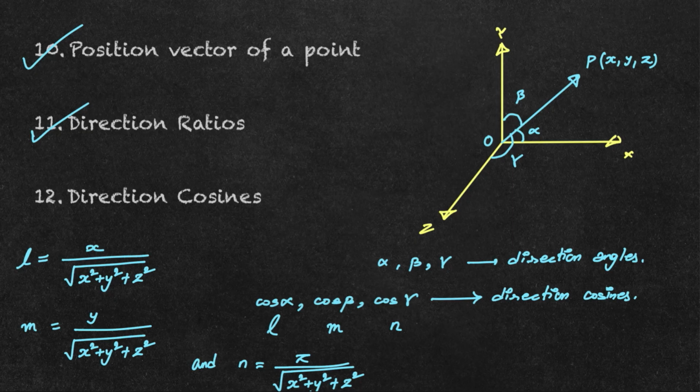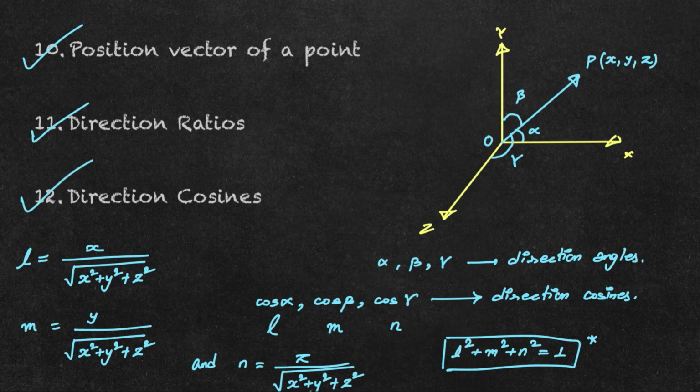So this we have to remember. And if we square all these direction cosines and add together, then the value will be equal to 1. So these were the some theories we have to remember in vectors.